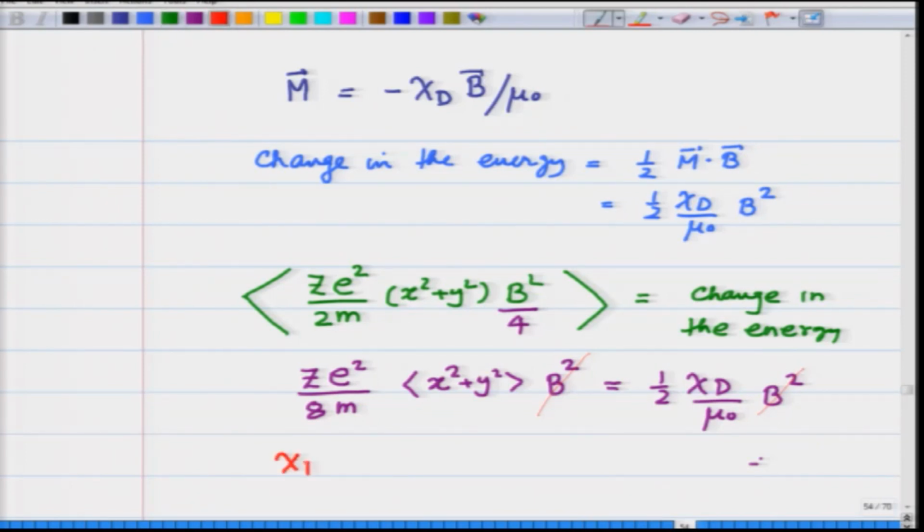chi d is equal to z e square over 4 m mu 0 times the expectation value of x square plus y square.